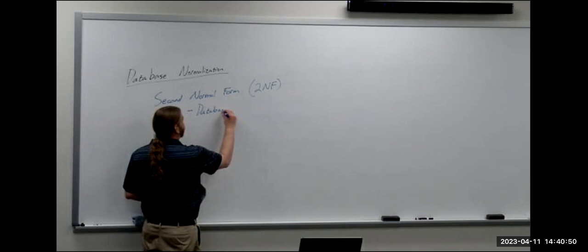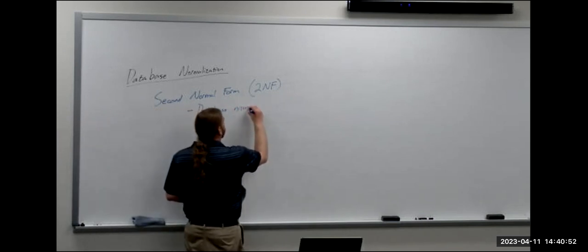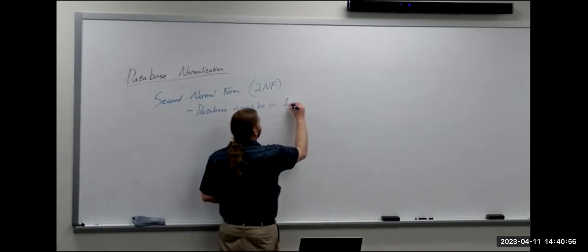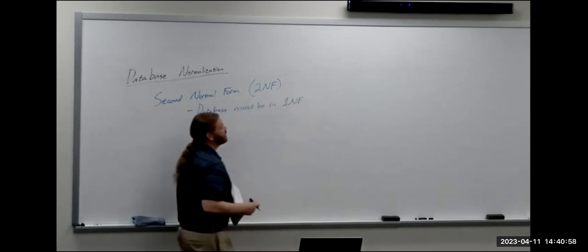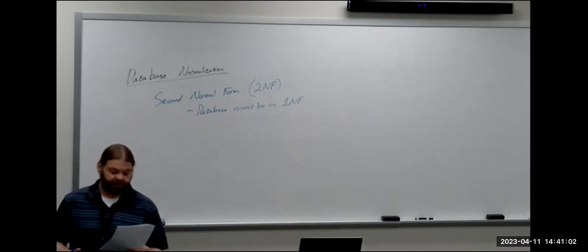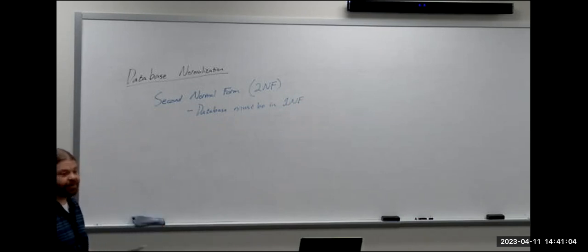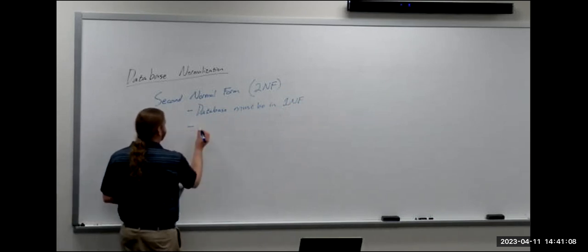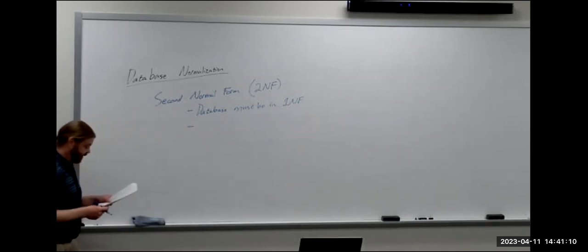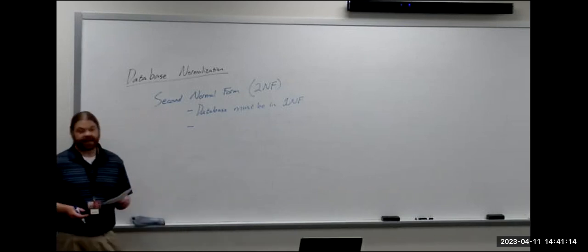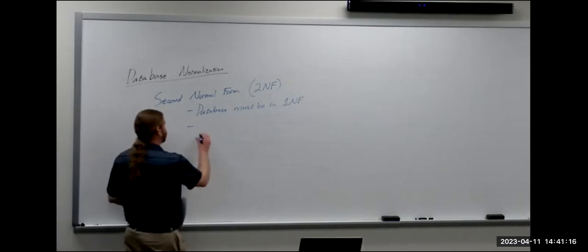The first rule is the database must be in first normal form. So we can't even get to the second part. We can't even get to the rule for second normal form if we don't do 1NF first. Hence the numbers on them. And then the actual new part here: a relation must not contain any partial dependencies.